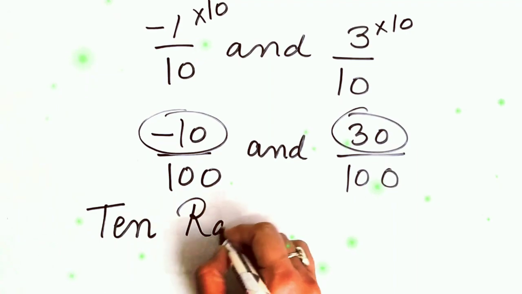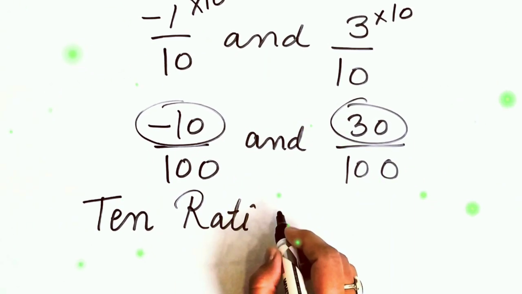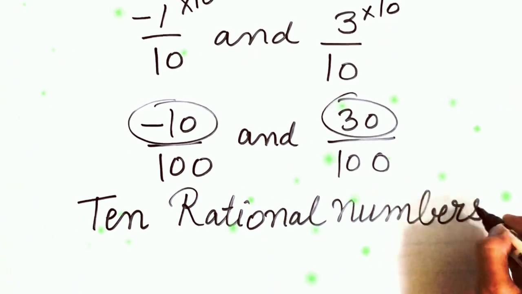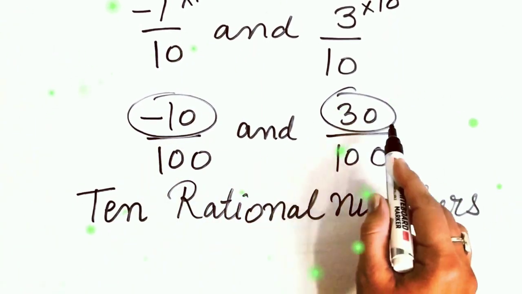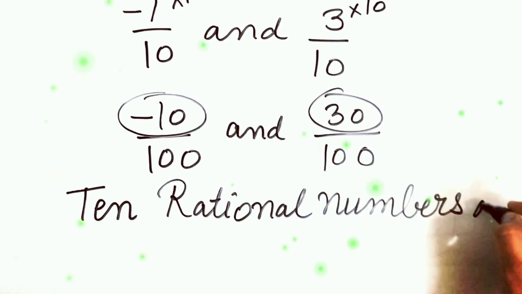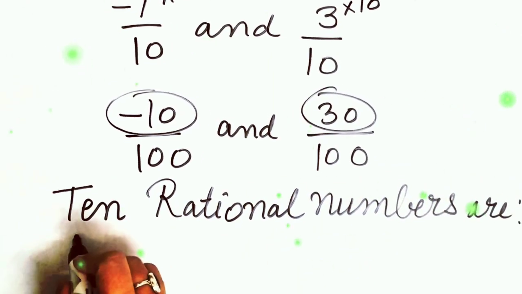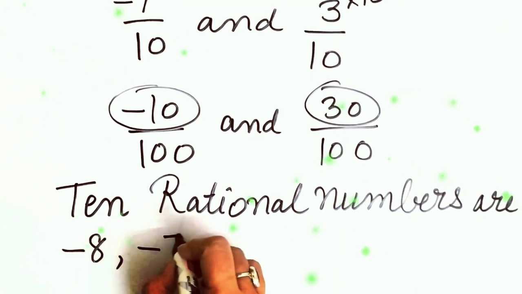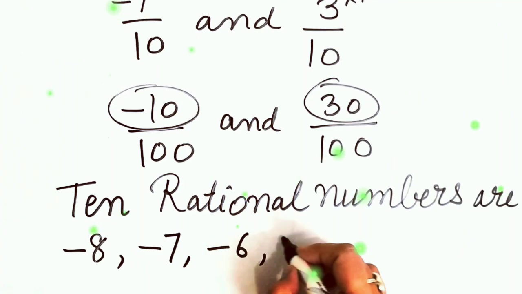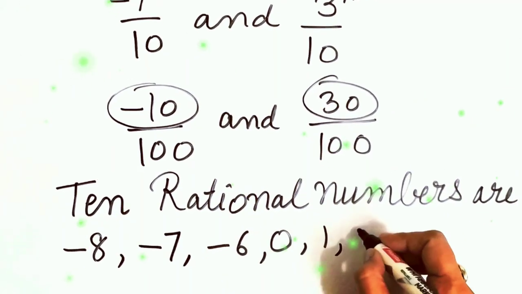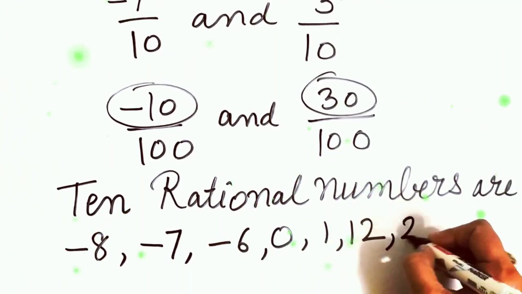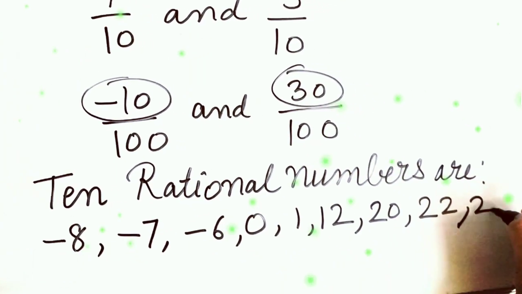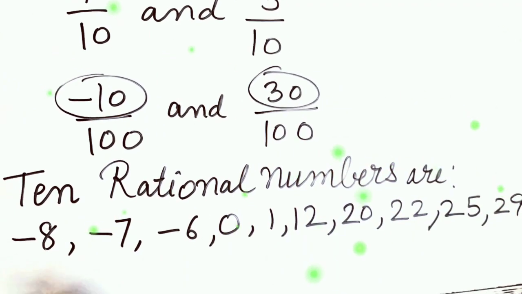So you will write 10 rational numbers between -10/100 and 30/100. You can take any 10 numbers. You can take -8, -7, -6, 0, 1, 12, 20, 22, 25 and 29, right?